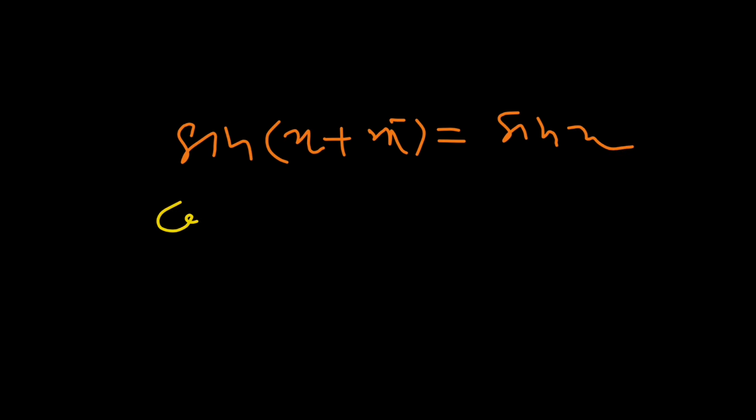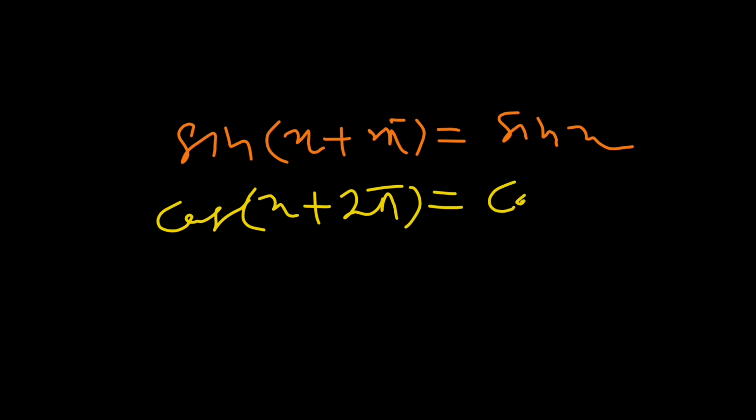Also, cos(x + 2 pi) will be equal to cos x, because the period of sine and cos is 2 pi. So here p in both cases will be 2 pi.